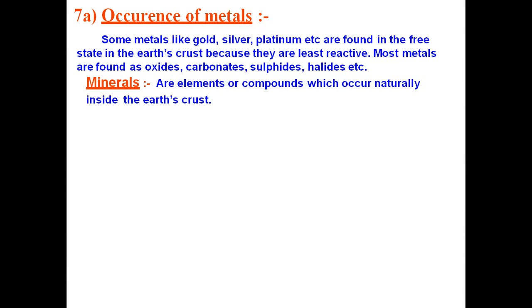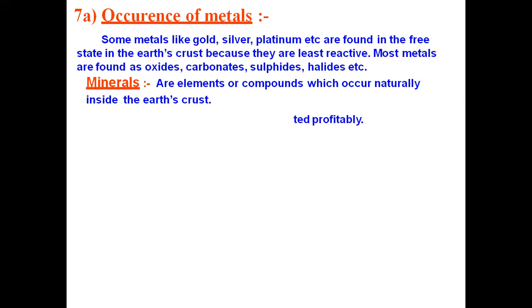Minerals means the compounds of the metal present in the earth's crust. For example, iron will be present in oxide form, sulfide form, and halide form. All of them together we call mineral.